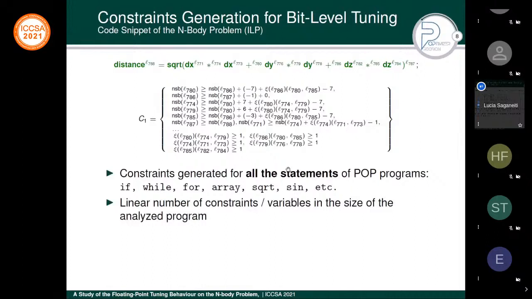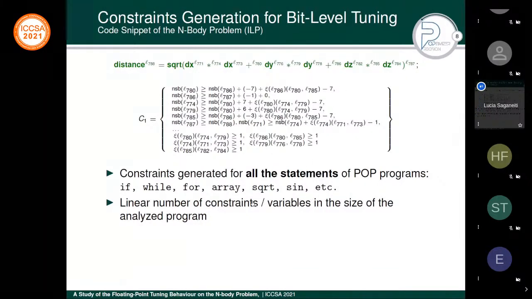So we need to say that these constraints are generated for the whole program and not only for this line, and POP accepts the if, the loops, the for, the while, arrays, SQRT, the sine function, cos function, etc. And in terms of complexity, we have a linear number of constraints and variables in the size of the analyzed program.